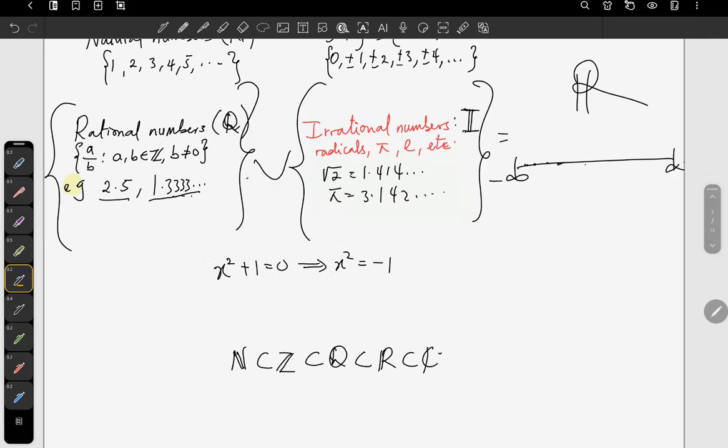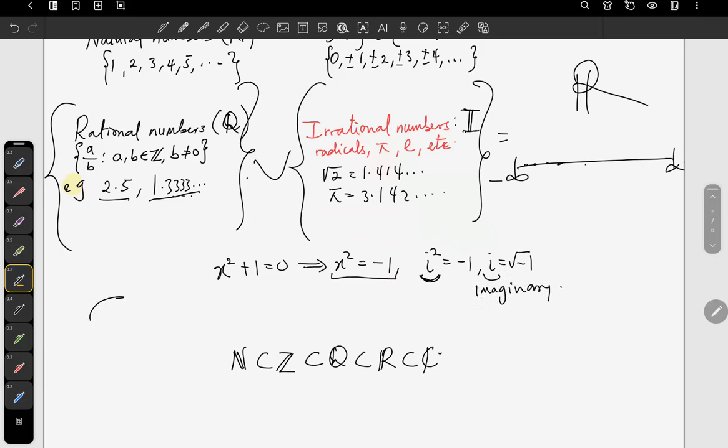So he identified the solution to this equation as i. So we have i squared equals -1, or i equals the square root of -1, and this i is what we call the imaginary number, which is what makes up the complex numbers.